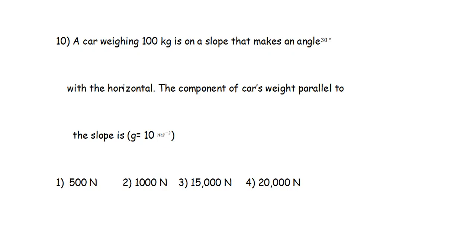This means g is nothing but acceleration due to gravity. So, the concept behind this we discussed in last classes. We discussed some concepts related to vectors. What is that concept?